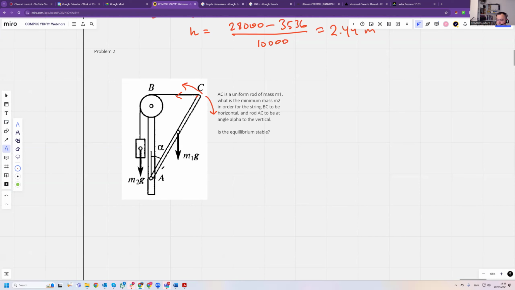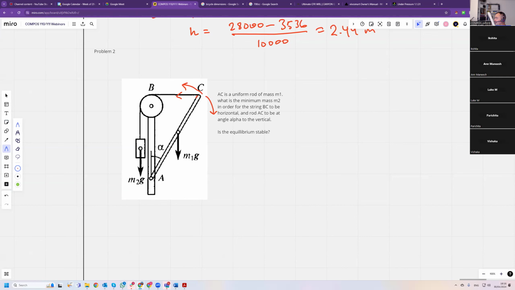So it's like on a pivot. So we have a rod and a rope pulling like this. So A is fixed. Okay. Everyone's on board with the question?